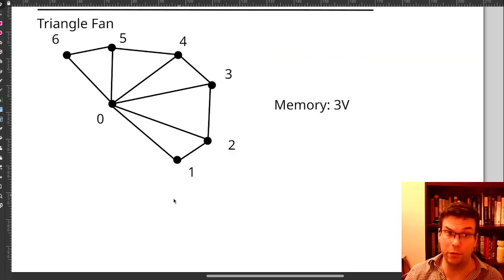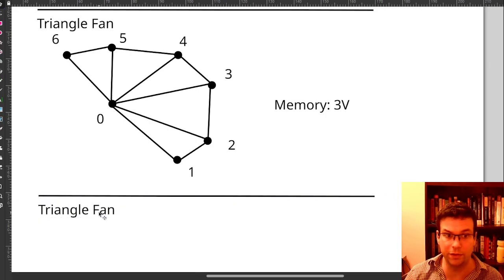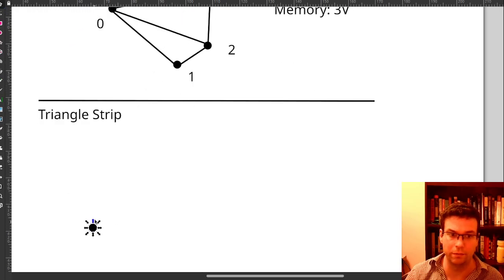There's another kind of topological pattern that's amenable to a compressed format like this, which is called a triangle strip. So in addition to a triangle fan, there is another kind of structure you can make, where I'll start over here. This is vertex 0.